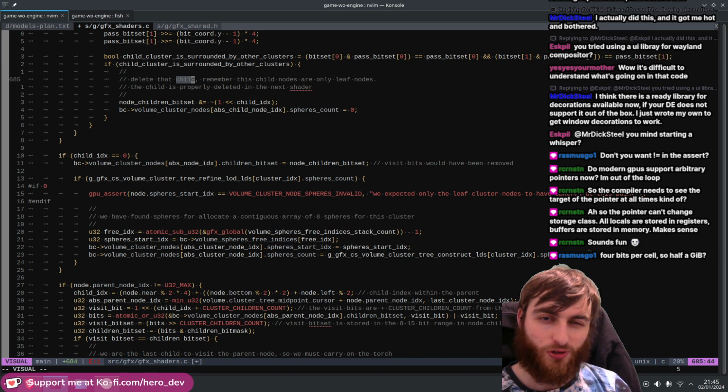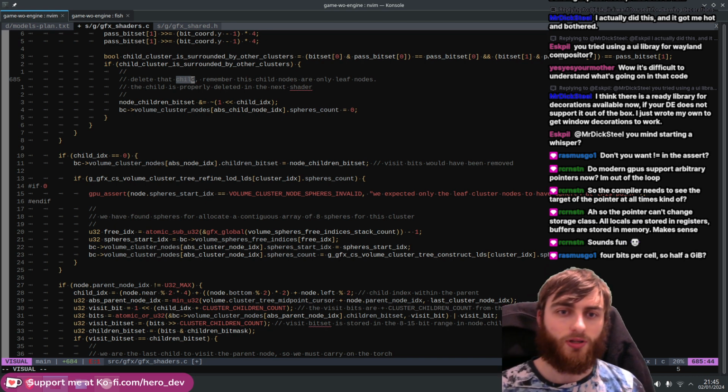You could copy it to another space, right? And you're only copying the cluster nodes. You could definitely free up the spheres.